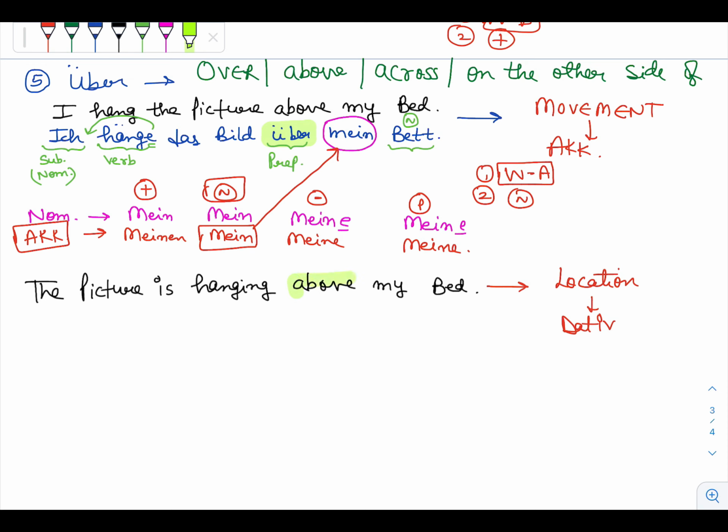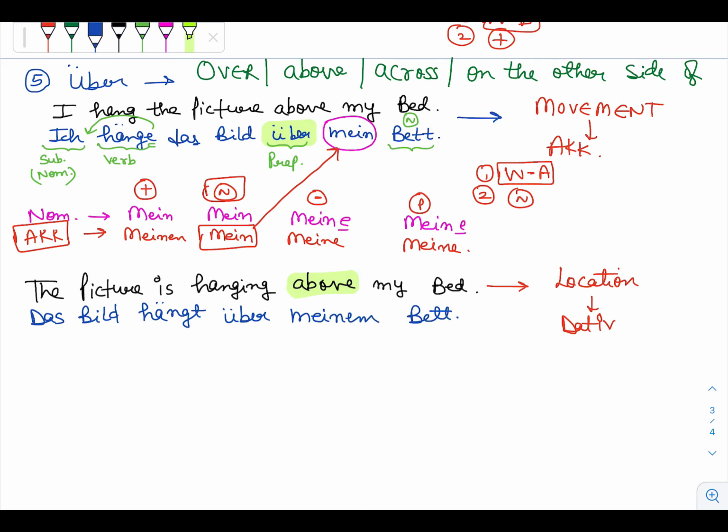I will check here. Okay, I used here above. Das Bild hängt über meinem Bett.